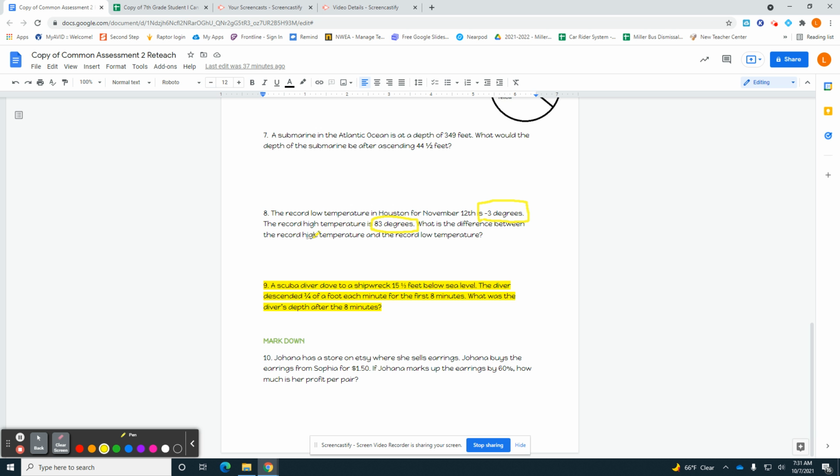What is the difference between the record high temperature and the record low? So your keyword difference means to do what? What operation are we doing? If you said subtract, you are correct. Difference means to subtract.